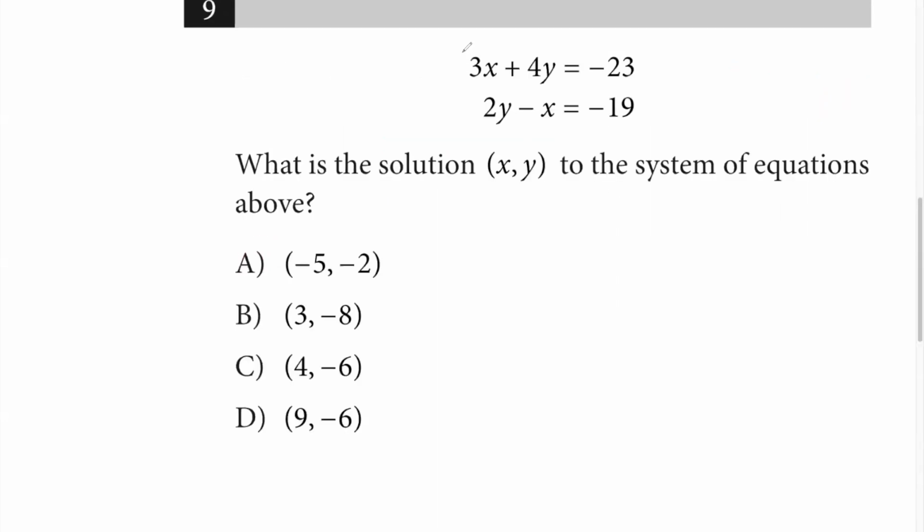Question number 9 is about a system of equations. How can we solve it? I'm going to rewrite it. 3x plus 4y is equal to minus 23, and minus x plus 2y is equal to minus 19. Let's multiply the second equation by minus 2. It's going to be 3x plus 4y equals minus 23, and 2x minus 4y equals 38.